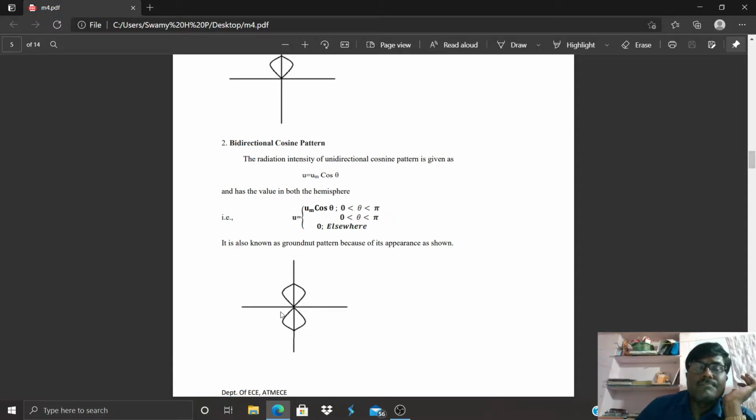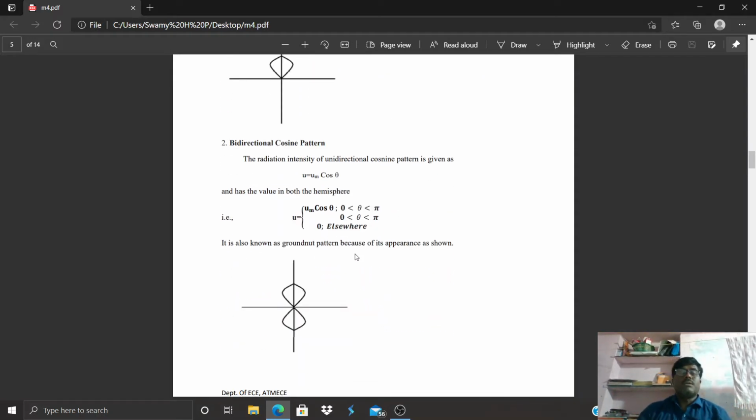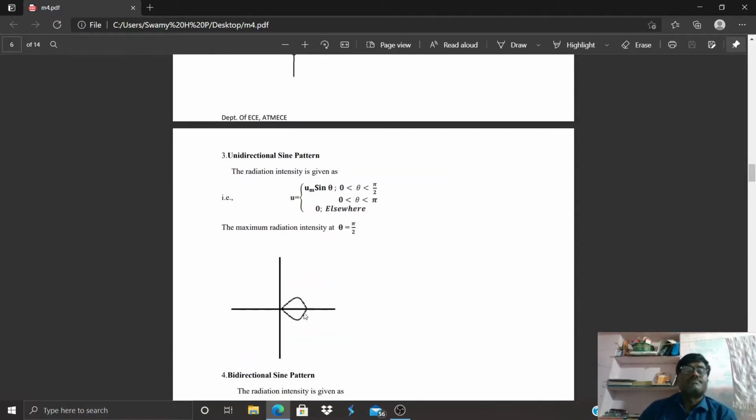It is looking like an 8. For the unidirectional pattern, θ will be 0 to π/2, whereas for the bidirectional pattern θ is 0 to π, and φ is 0 to 2π here also. You have to remember these equations, and also the bidirectional power pattern looks like an 8.